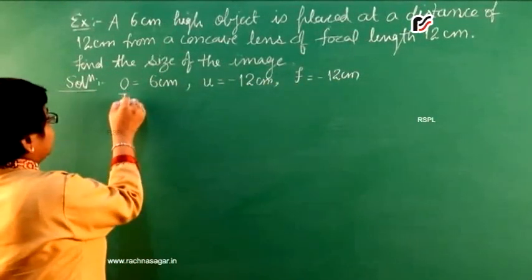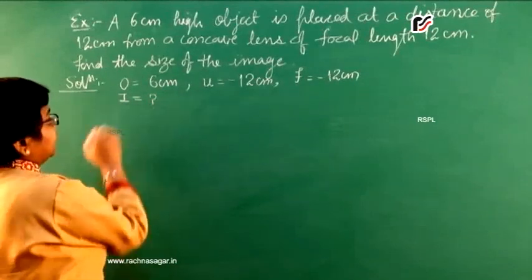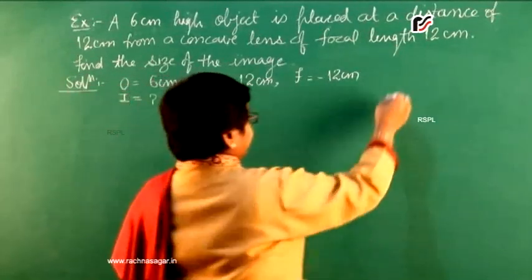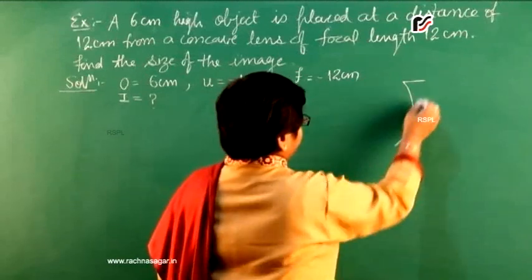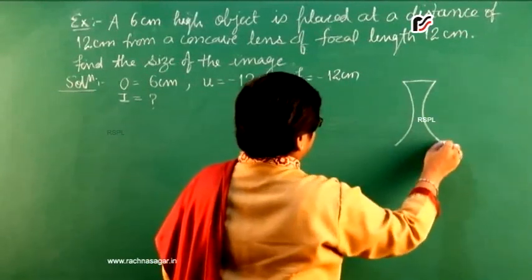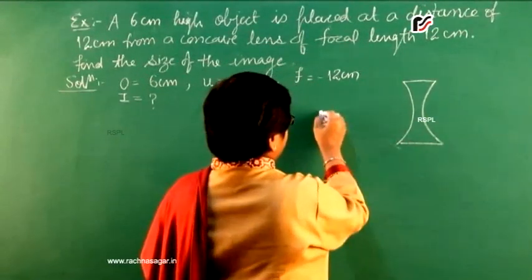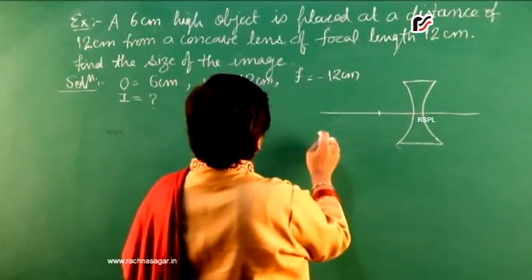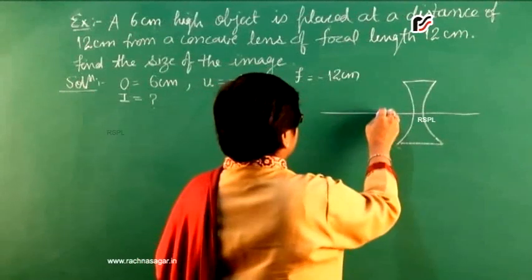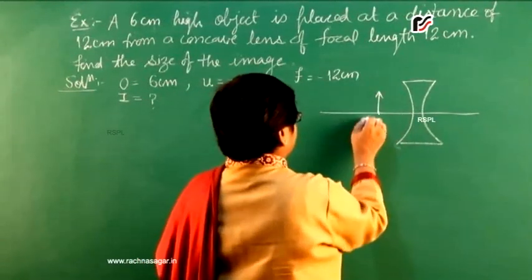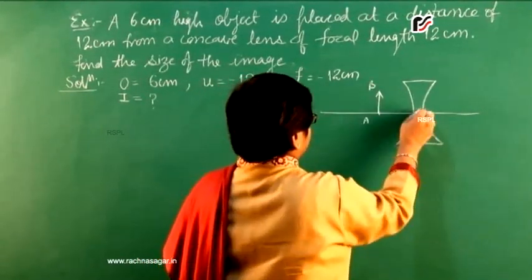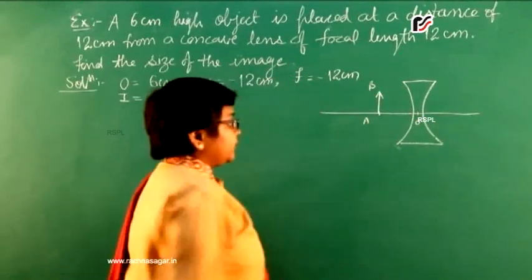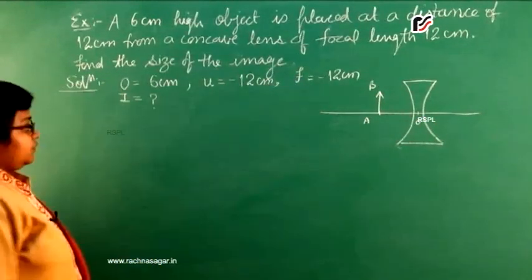We have to find out I. Let us analyze some ray diagram. This be the concave lens, this be the focus, and object is placed here again. This is optical center O.